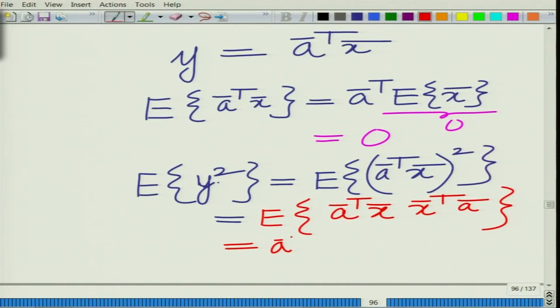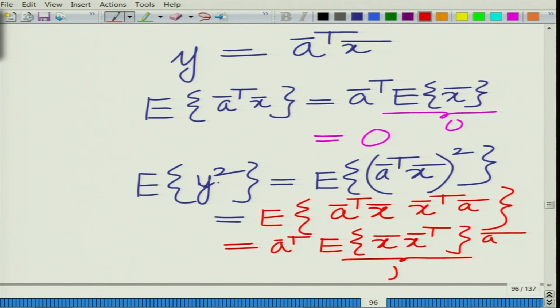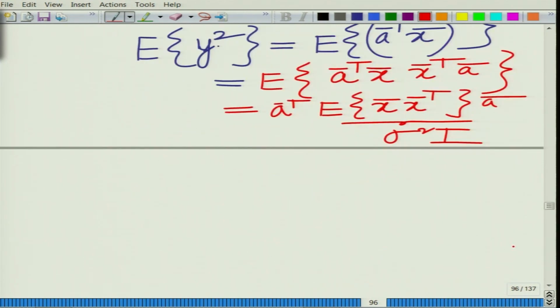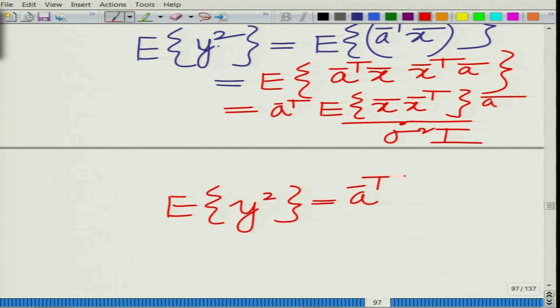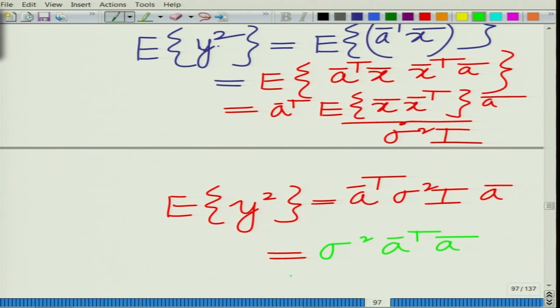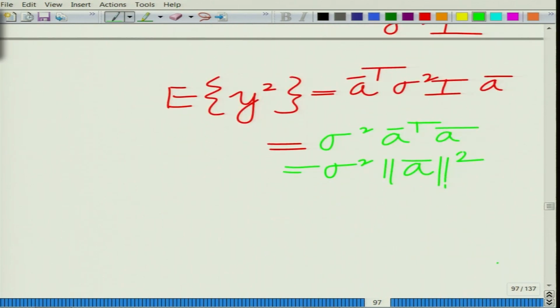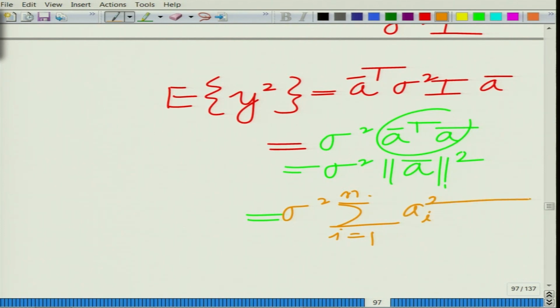Now, if you bring the a bar transpose outside, this becomes the expected value of x bar x bar transpose, which we know is sigma square times identity, sandwiched by a bar transpose and a bar. So the variance becomes a bar transpose sigma square identity times a bar, which is sigma square a bar transpose a bar, which is sigma square norm a bar square, more precisely sigma square times summation i equal to 1 to n of ai square, right.